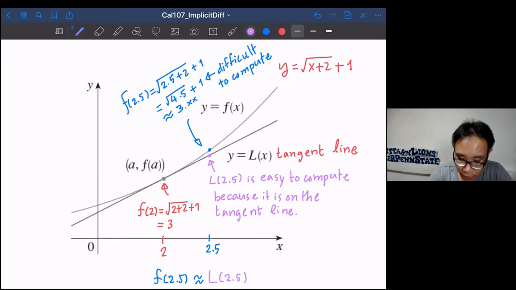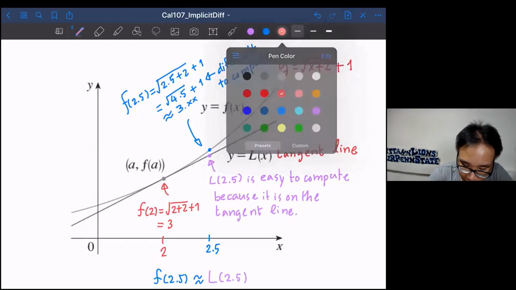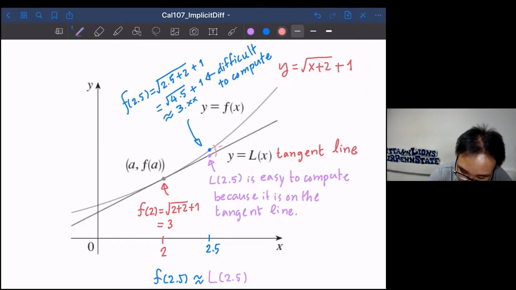You may say that, hey, you're going to get some error. Yes, you're going to have some error, but it turns out to be good. So it's some error, but good.